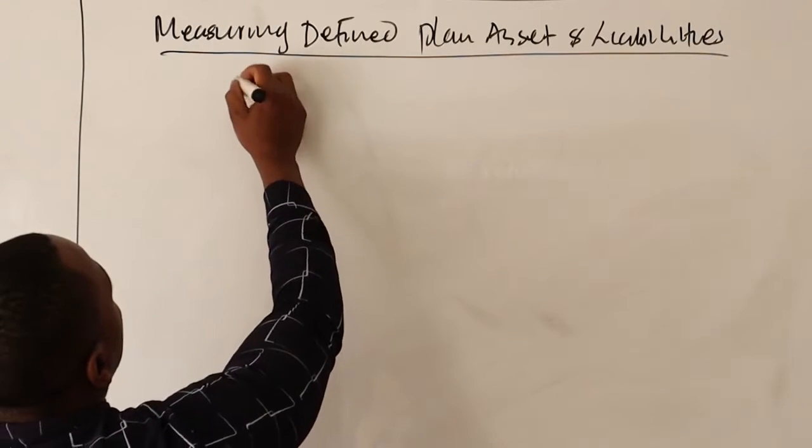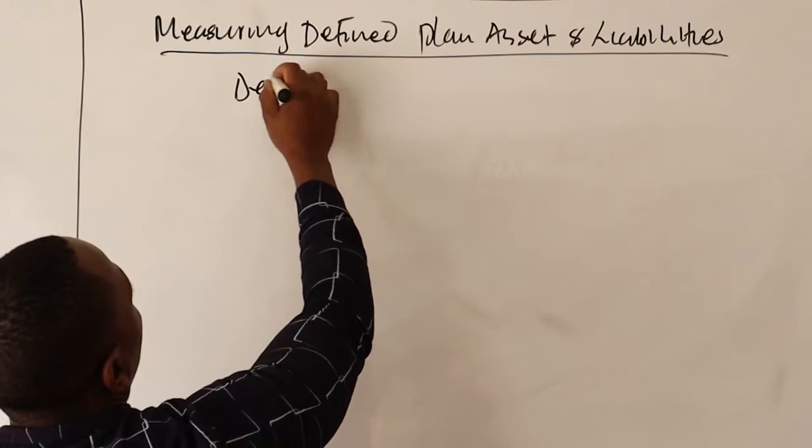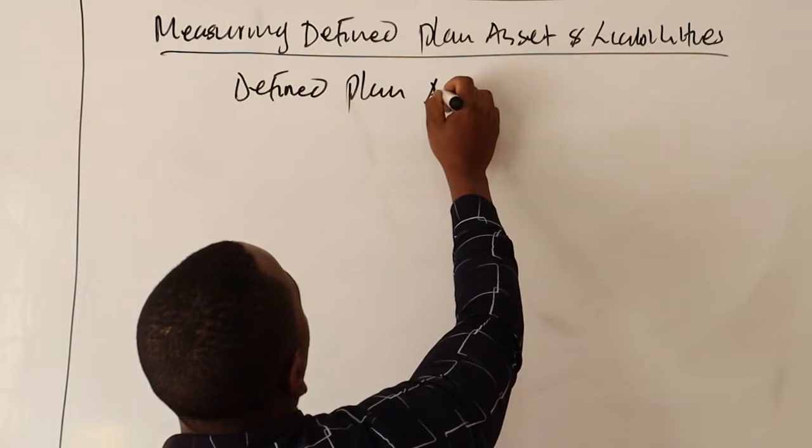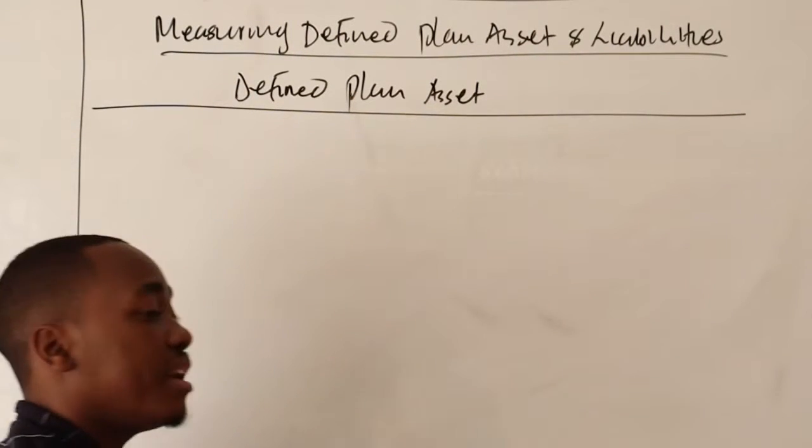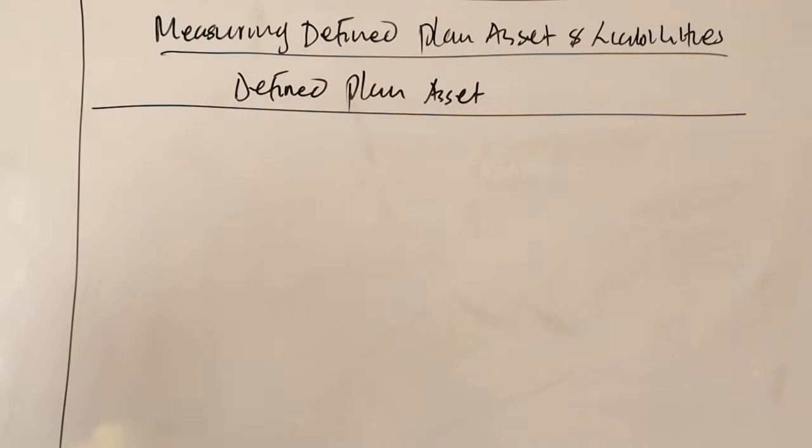So we start with defined plan asset. How do we measure this? And this is how we measure the defined plan asset. The format is very important.